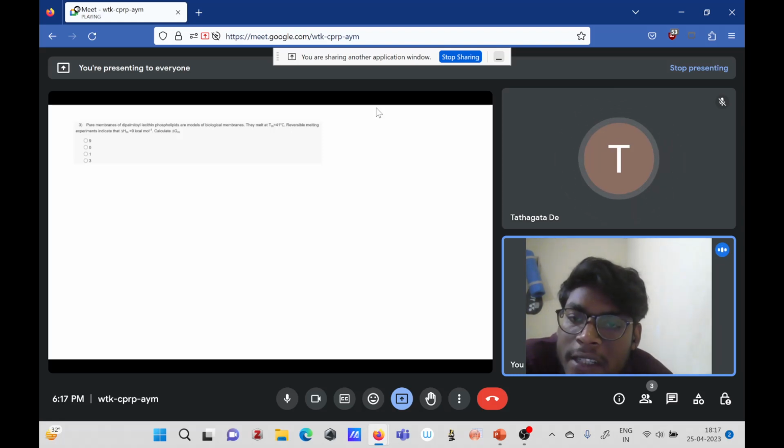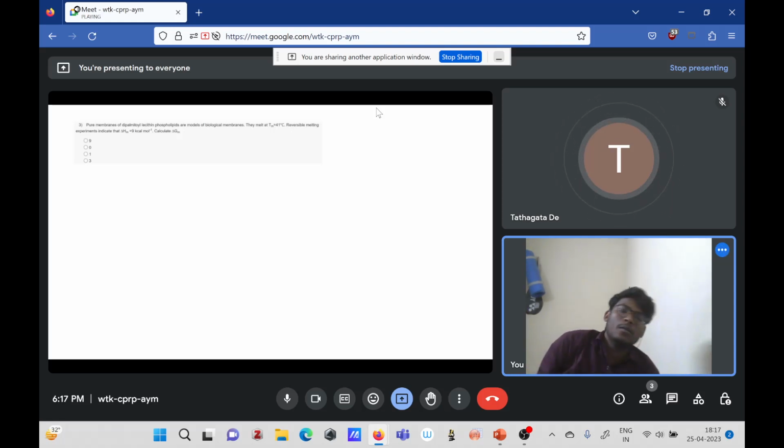They melt at Tm, the melting temperature, equal to 41 degrees centigrade. Reversible melting experiments indicate that delta Hm, the change in enthalpy, is 9 kilocalorie per mole. Calculate delta Gm. What will be delta Gm?